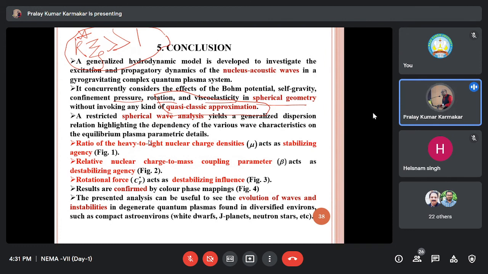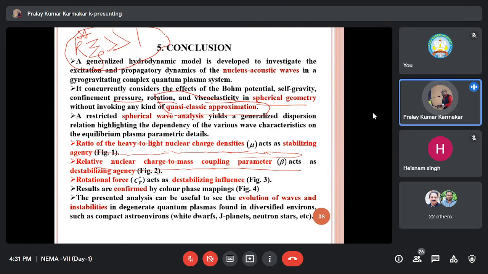Then we further found by this semi-analytic analysis that the ratio of heavy to light nuclear charge densities, that is mu, acts as a stabilizing agency, as reflected in figure number 1. At the same time, the relative nuclear charge to mass coupling parameter, that is beta, acts as a destabilizing parameter. That is also ensured in figure 2.